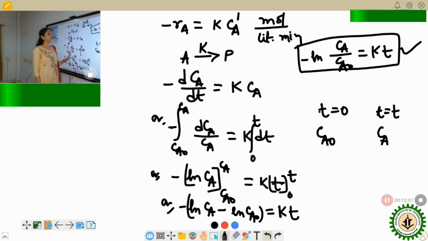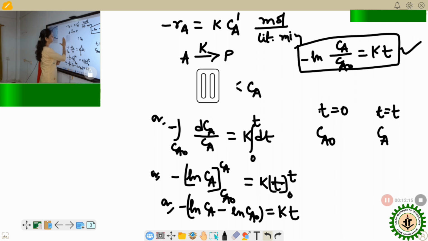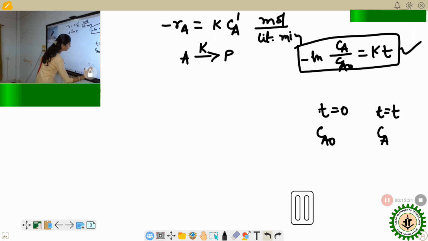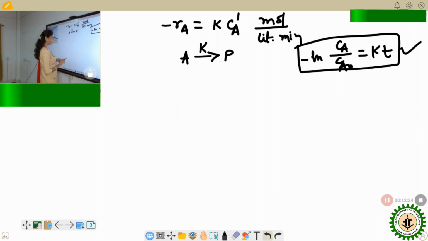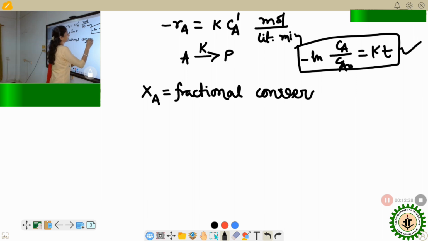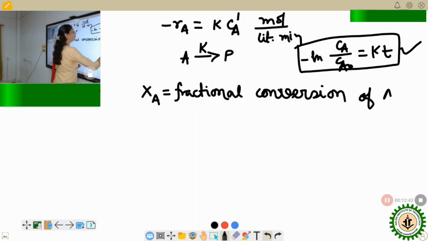Now, another term we should know, that is XA, the fractional conversion of reactant A. XA is the fractional conversion. Conversion of A, what is that?